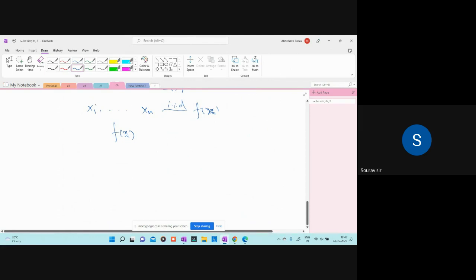And we assume that this x1 is a variable, x2 is a variable, xn is a variable. Instead of this x1, x2, xn, if I name the variable as x, y, z, there is no harm in it, right? So I have a variable x which is following some fx, which was, I think, exponential.